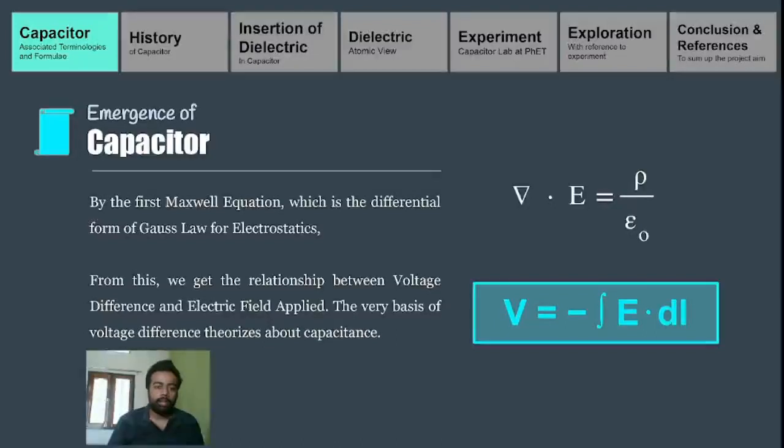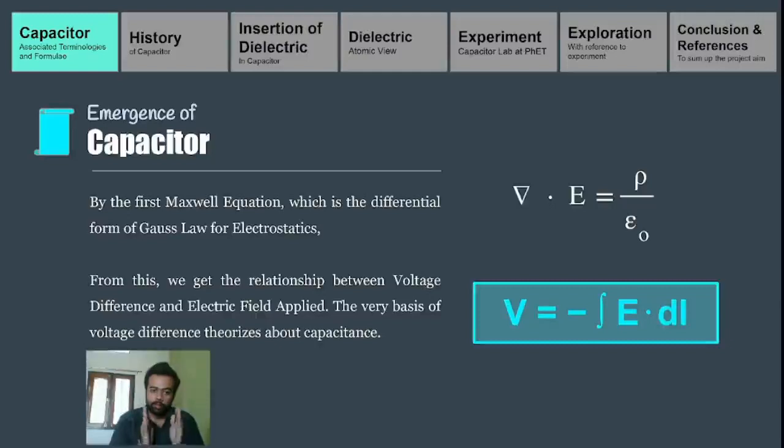What is the fundamental principle on which a capacitor works? It is the potential difference, and how the potential difference is created between both plates. Here is the first Maxwell equation, Gauss's law for electrostatics in differential form, the divergence of the electric field. What we can deduce from that first equation is the relationship between the electric field and the potential difference.